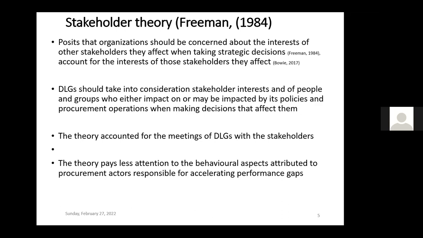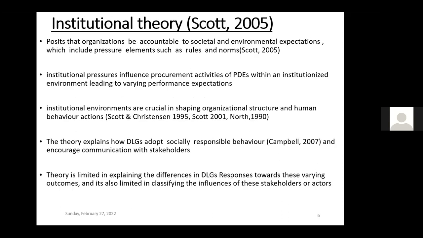And because of this, we bring in the institutional theory, which posits that organizations can be accountable to society and environmental expectations, which include pressure elements such as rules and norms. So these institutional pressures influence procurement activities that are being undertaken within the PDEs, procuring and disposing entities, within an institutional environment, leading to performance expectations. So they are very crucial in shaping the organizational structure and human behavior aspects.